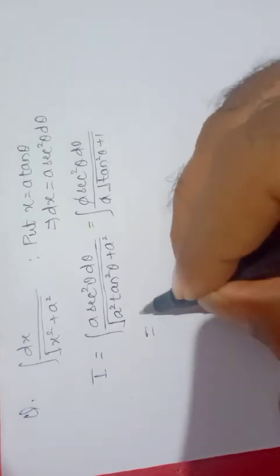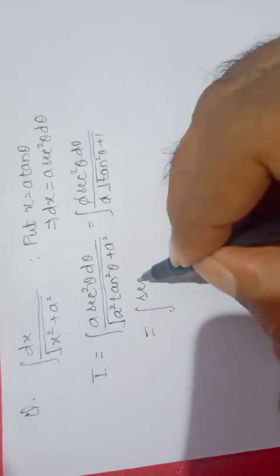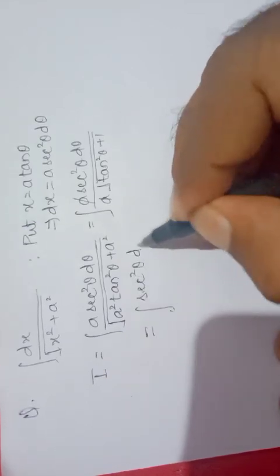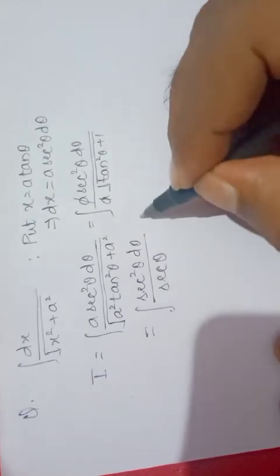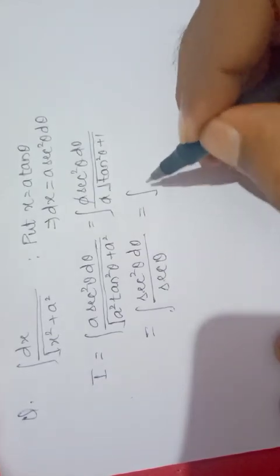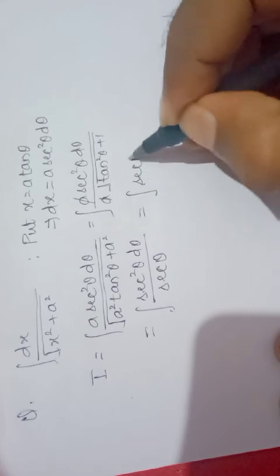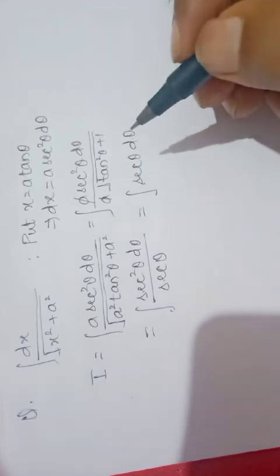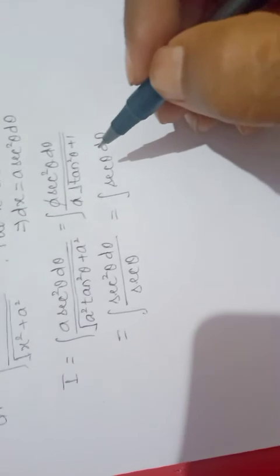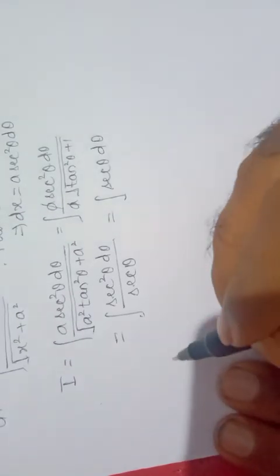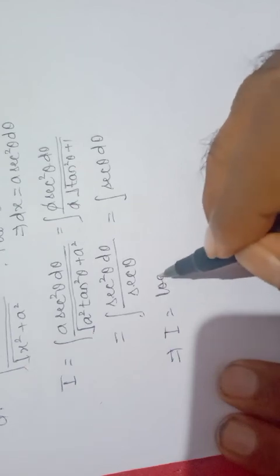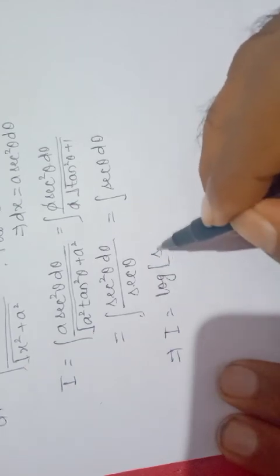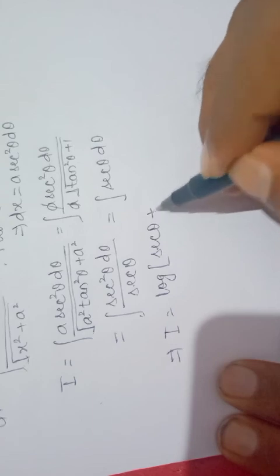So it should be written as sec square theta d theta by sec theta. After cancellation it becomes integral of sec theta d theta. Just like the previous problem, integral of sec theta, I is equal to log sec theta plus tan theta.